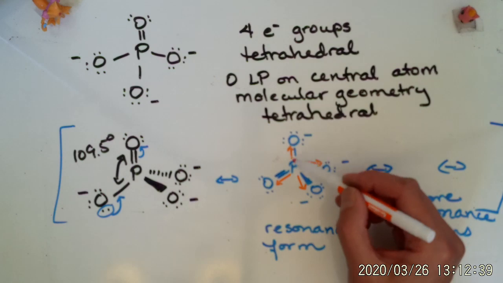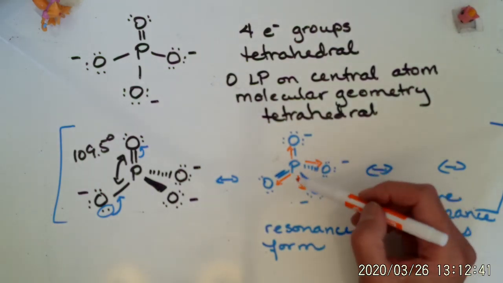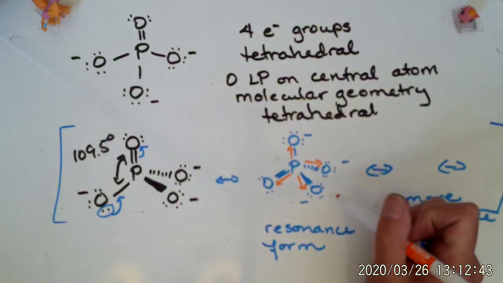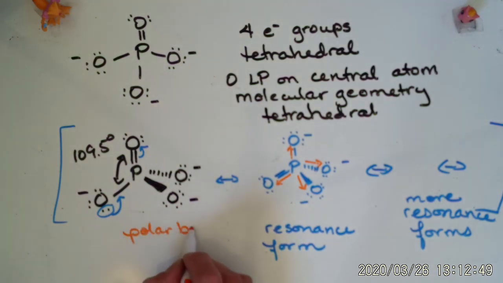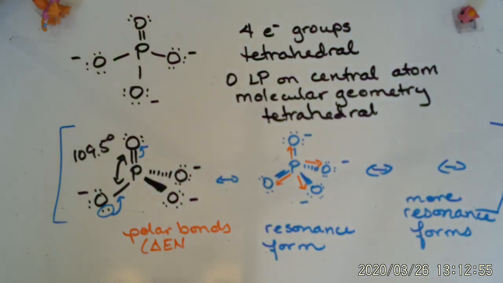And since these are all of equal magnitude and it's symmetrical, they're all pulling away from each other, even though I have polar bonds. So you can double check with electronegativity. You're going to look at the difference in electronegativity, which is going to be between 0.4 and 2.0.